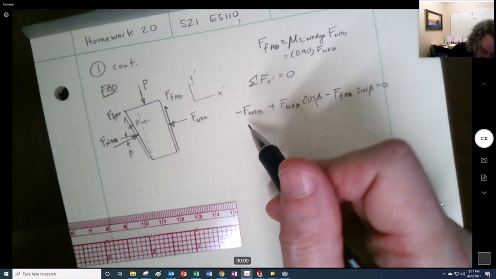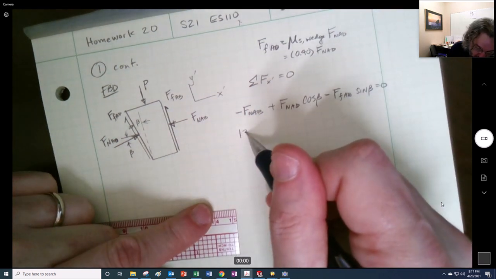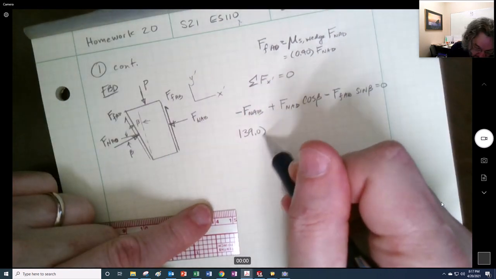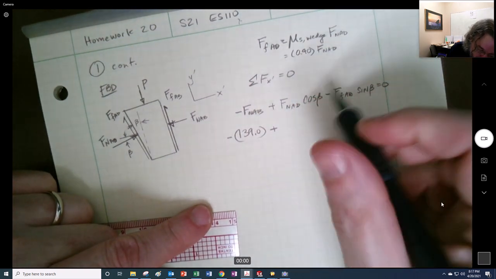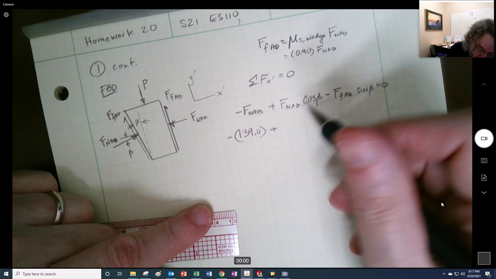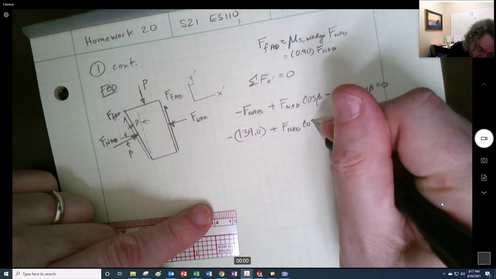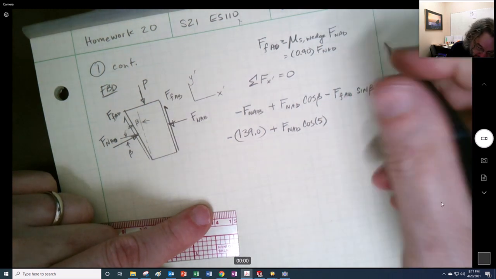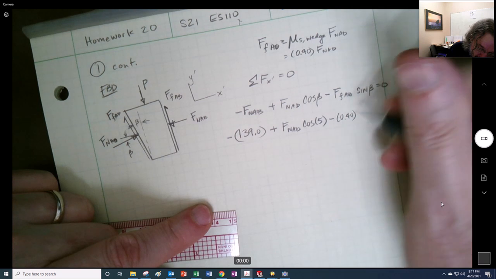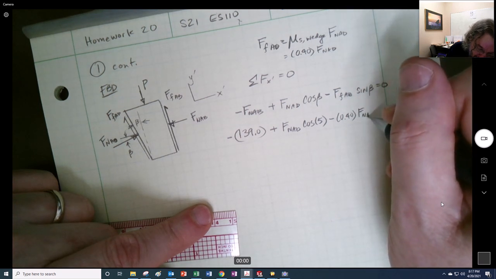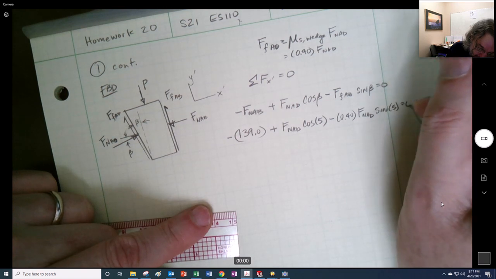So when we put in this FNAB, we have negative 139.0, and then a plus FNAD cosine of 5 degrees minus 0.40 FNAD sine of 5 degrees equals 0.